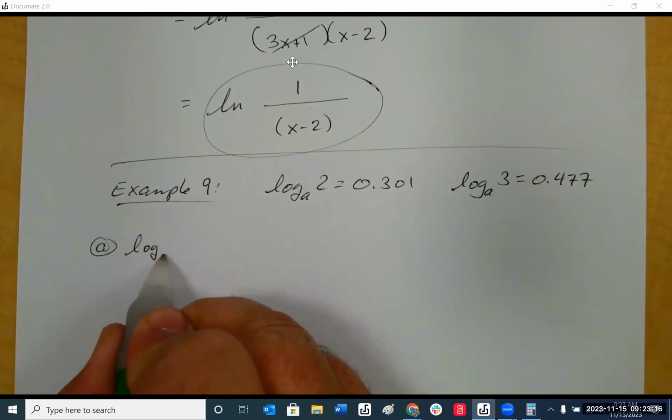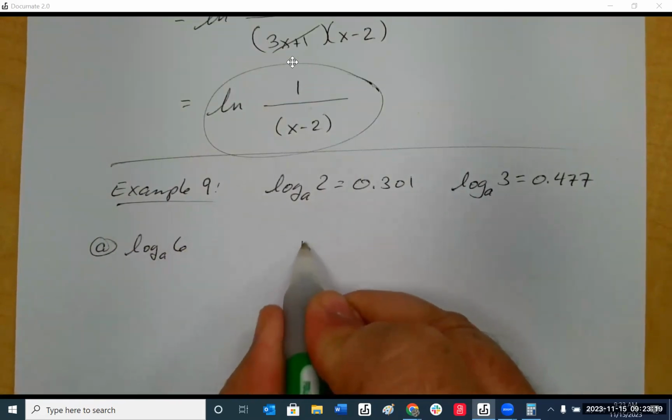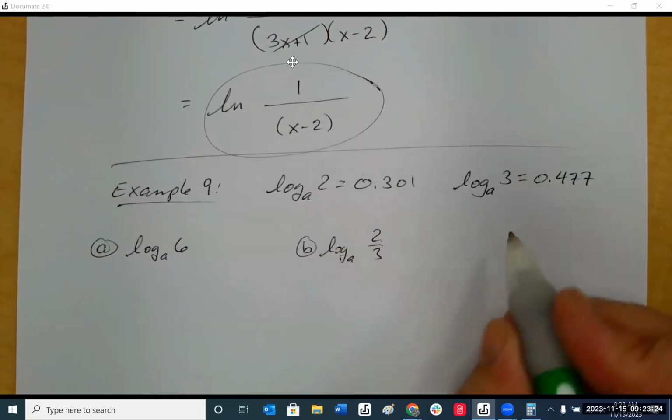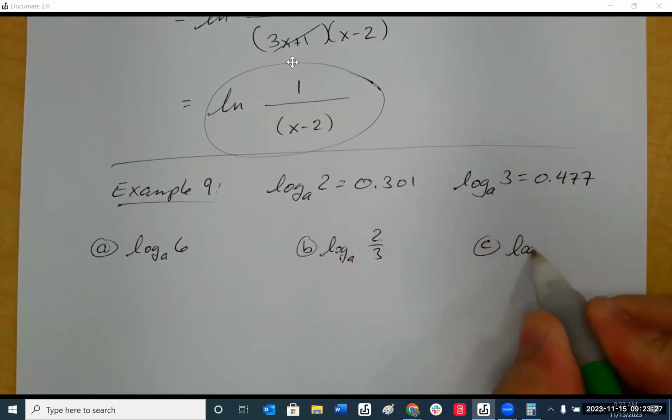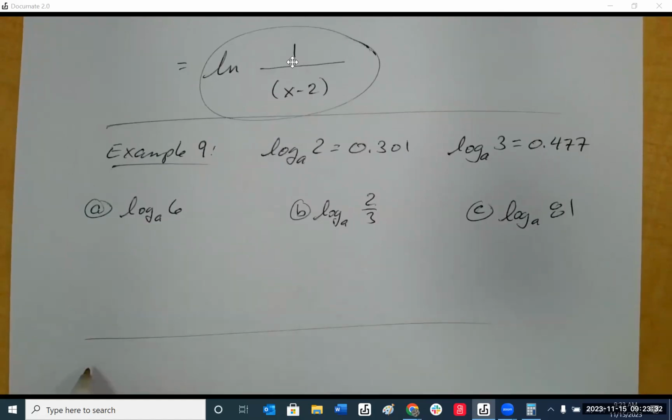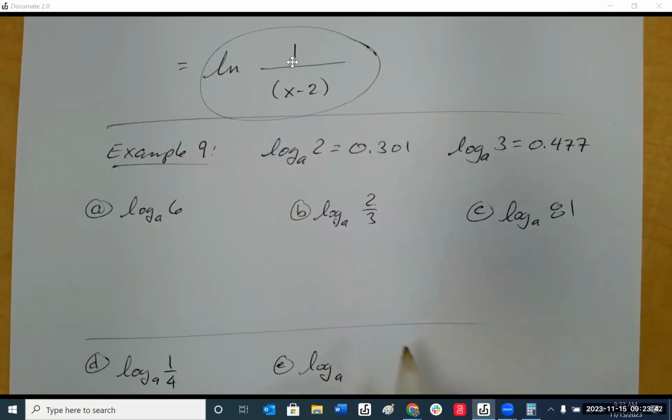So it's log base a of 6, log base a of 2 over 3, log base a of 81, log base a of 1/4, log base a of 5, that's F, log base a of 3 over log base a of 2.